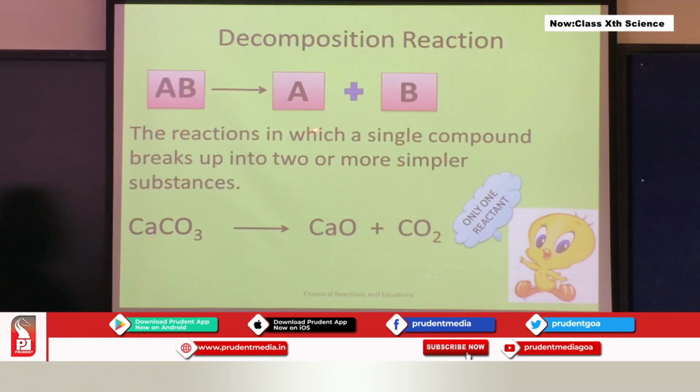The reactions in which a single compound breaks up into two or more simpler substances. So, when you look at a chemical equation, when you see in the reactant side, if there is only one reactant, you can predict that it is a decomposition reaction. Product may be two or more, but the reactant is just one.